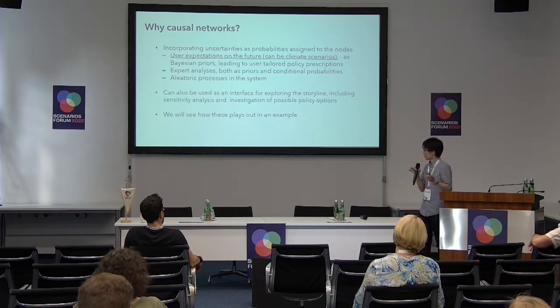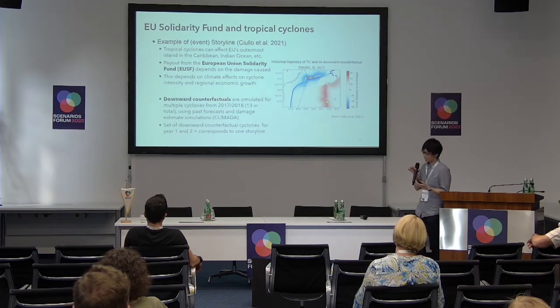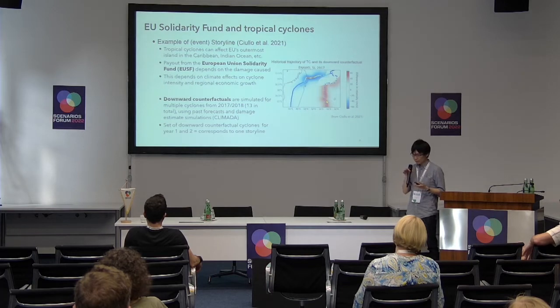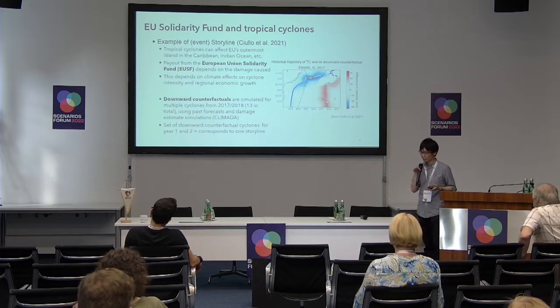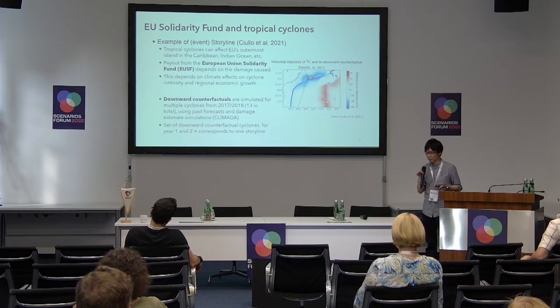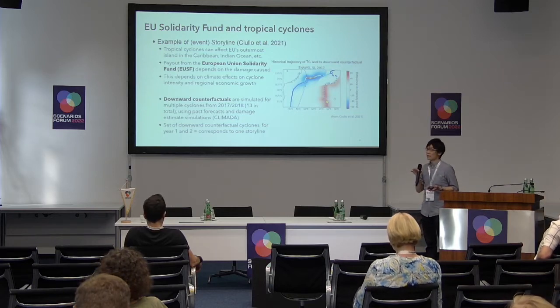Okay, so all that was a bit abstract, but I'll go into an explicit example and see how those elements come in. The storyline I introduce here is about the EU Solidarity Fund and tropical cyclones. This storyline was introduced in Gular et al. 2021. The EU Solidarity Fund is an emergency fund that pays out when damages are caused in EU nations.